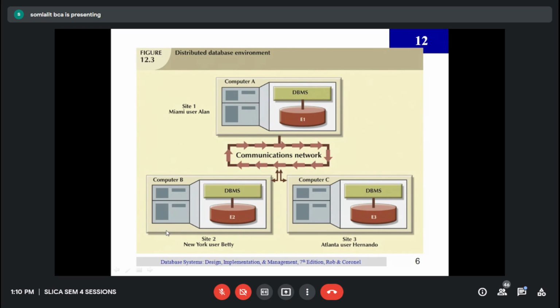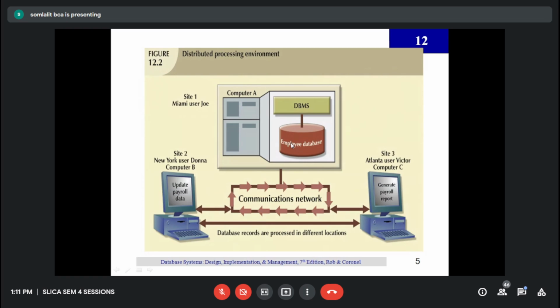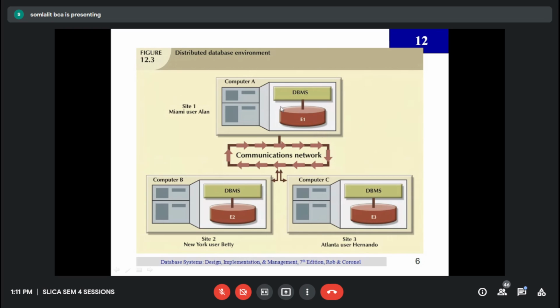So here not only the processing but even the data is being distributed, and the employee database, if you see here, the entire employee database is written. Now it is written E1, E2 and E3. These are known as the fragments of the employee database, and they are all connected by a communication network.